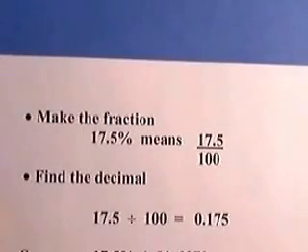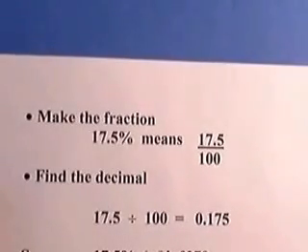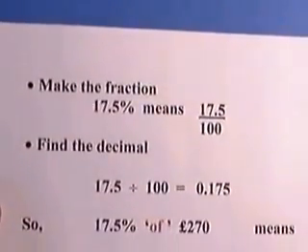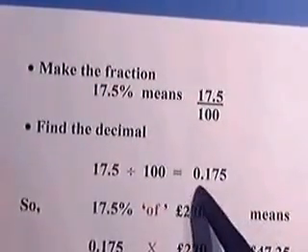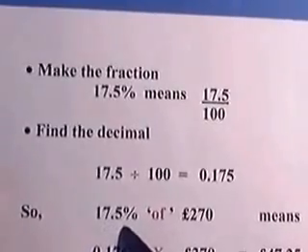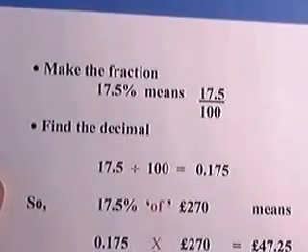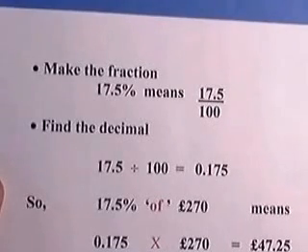Now you need to find 17.5% of £270. Well, when you see the word of in mathematics, you should always think of multiply. So this changes to the decimal for 17.5%, multiplied by £270.